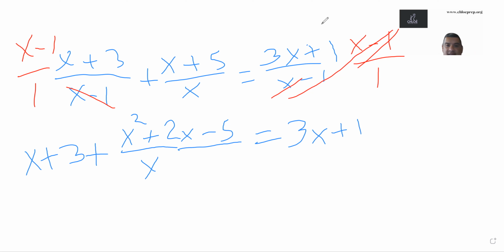Okay, we still have this one here, though, to deal with. And we're going to do the same thing. We're going to create something to multiply by to just drop it down. And since we want to cancel out the x, we're going to multiply both sides by x over 1.